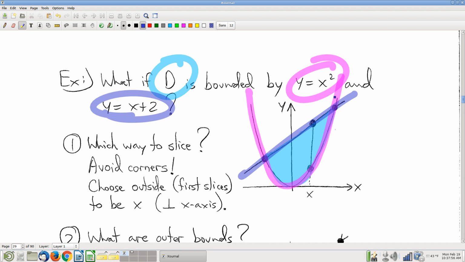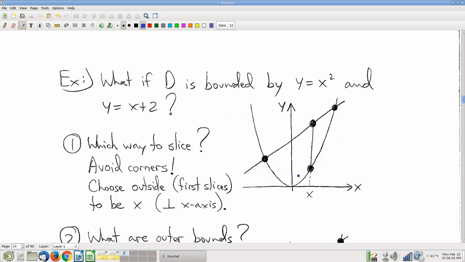And so I want to do some double integral over that. Why do I want to do a double integral over this domain? I don't know. Maybe I want to compute the mass of something, or maybe this is a lake where I know the depth and I want to compute the amount of water. Whatever. But I want to know how I convert that double integral to an iterated integral.